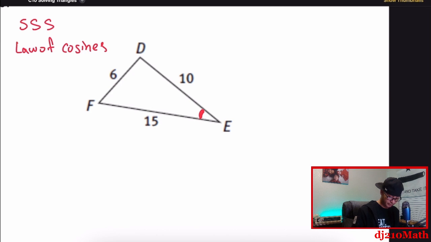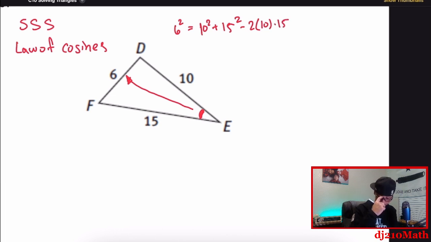The side across from it, treat that like the little c. So 6 squared is equal to the other 2 sides, doesn't matter which order: 10 squared plus 15 squared minus 2 times 10 times 15 cosine of big E.